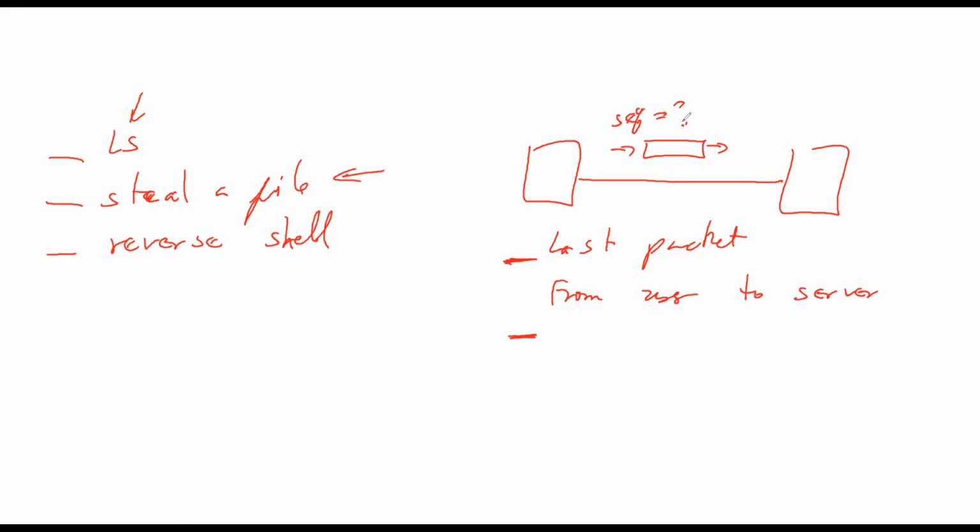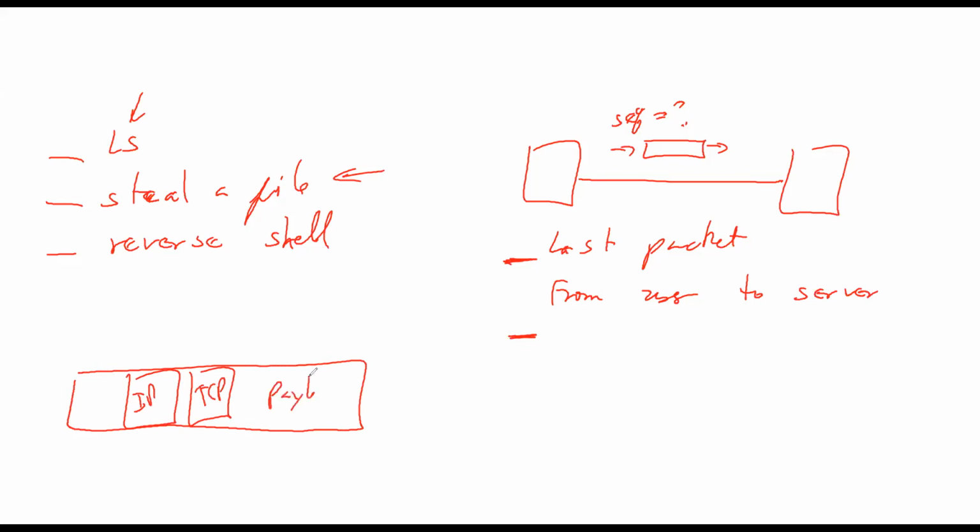All right, so the next thing you will need to do is construct the packet. As you know, you're plugging in your spoofed packet in the IP and the TCP, but there's also the payload. The payload is going to be the thing that you want to send. Usually it'll be something like PWD or LS, plus two more parameters that you have to put in.